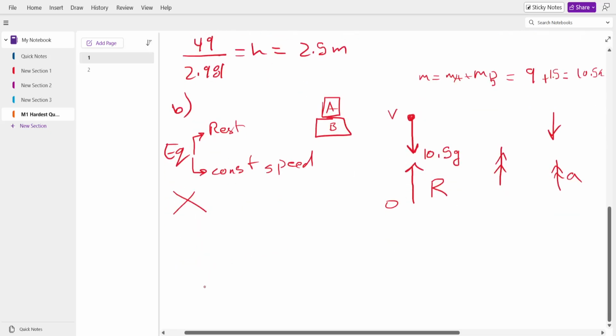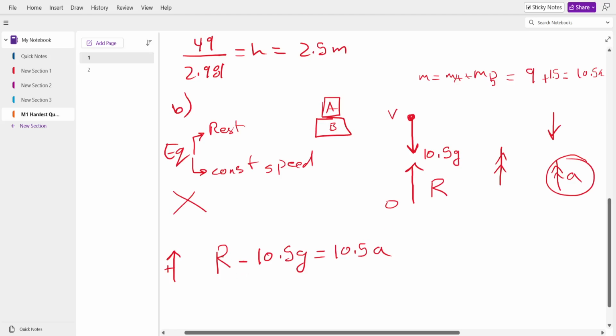I will take the direction of acceleration as positive, so upward as positive, and add my forces together. R is acting upward, so it's plus R, and the 10.5 g is acting downward, so it's minus 10.5 g. This equals ma, which is 10.5 times the acceleration.